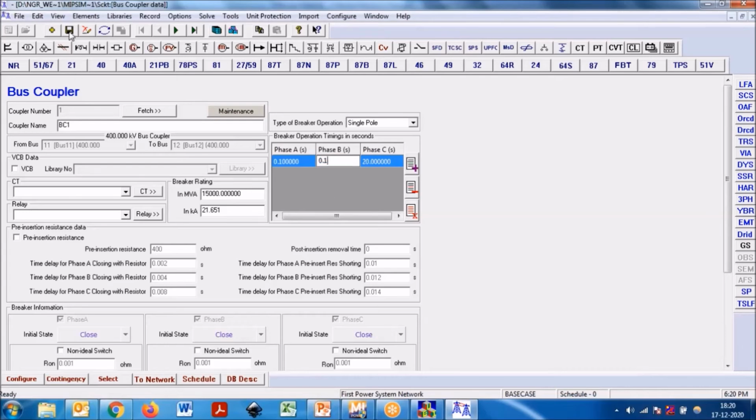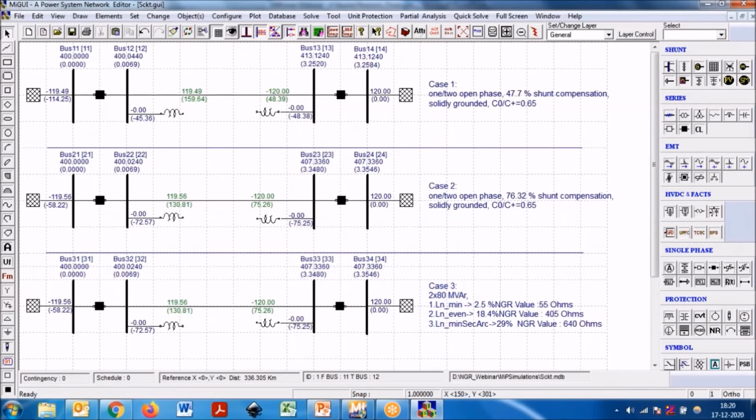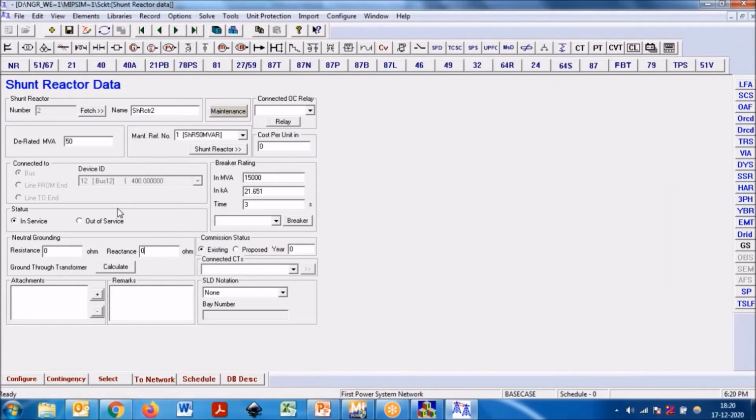Let it be 2-phase. This reactor is solidly grounded. Okay, neutral grounding is not there, and it is a 50 MVA.